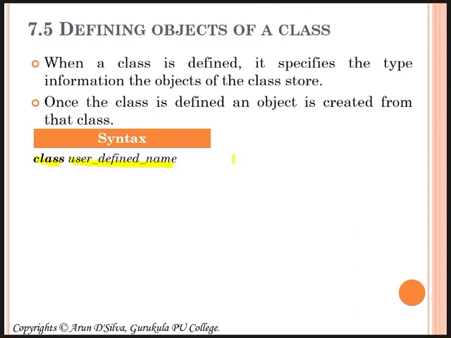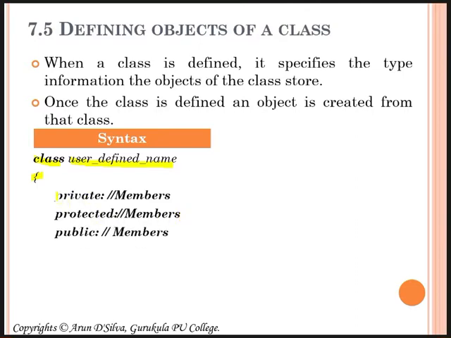The class opens with the opening flower bracket or brace, and here, by using the access specifiers private, protected, public, we specify the members, that is data and functions. The class is closed with the closing brace followed by a semicolon.